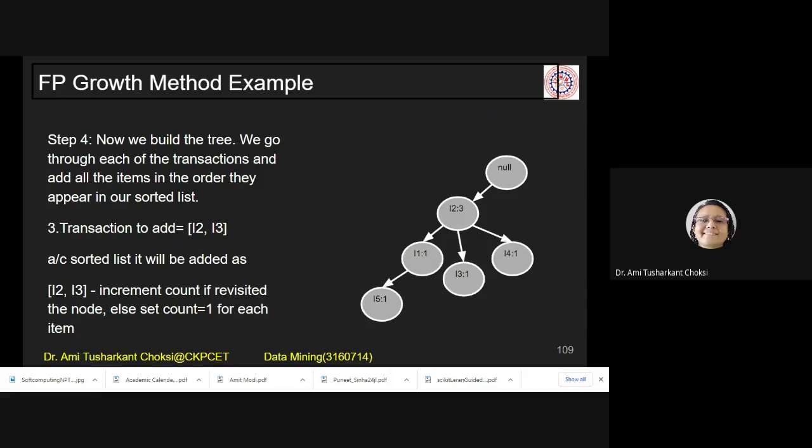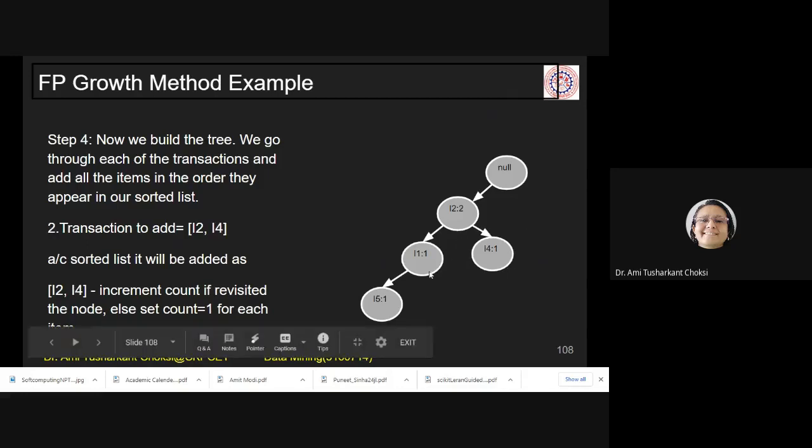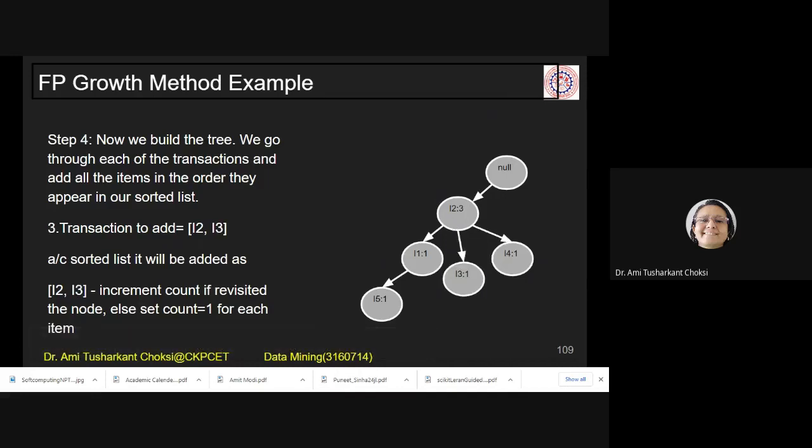Now, I3: is it there in the tree? No, I3 is not there. So we add one new branch, I3, and its count is set as 1.